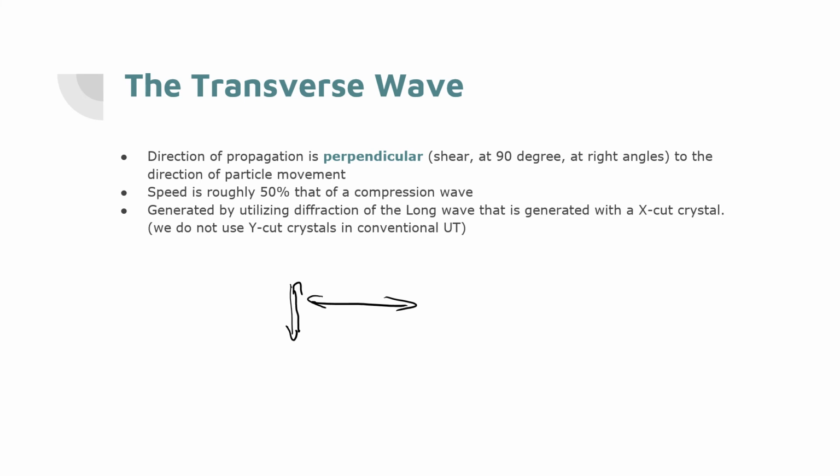So your particles are almost like rubbing against each other, causing the wave to travel further into the material. The speed is roughly 50% that of a compression wave. This differs for different materials and basically different elasticities, but it's roughly 50%.